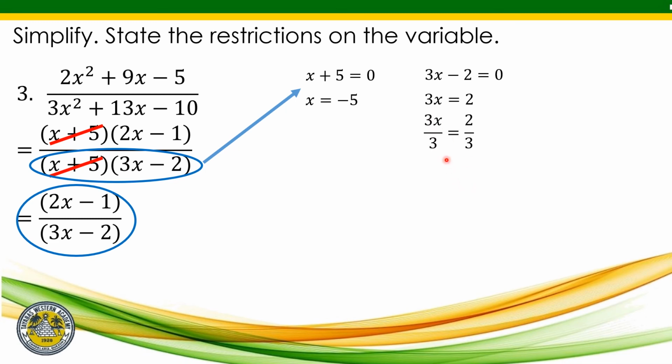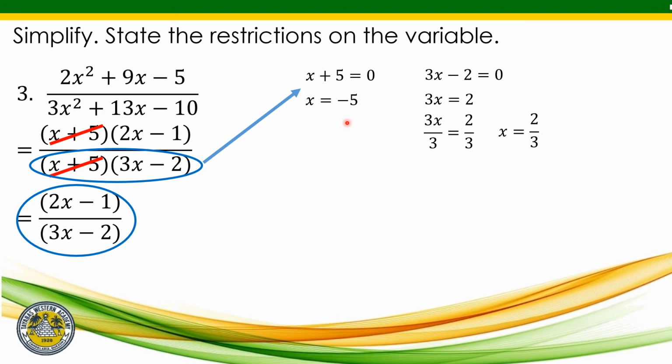So, divide both sides by positive 3. So, cancel na natin yung dalawang 3, numerator and denominator, matitira na lang ay yung x. Then, 2 over 3, yun na yung ating value ng x. So, kapag sinubstitute natin yung 2 over 3 sa ating denominator, magiging 0 yun. Okay? So, hanggang dito lang yung solution ninyo.